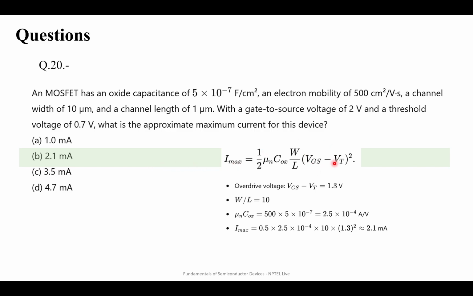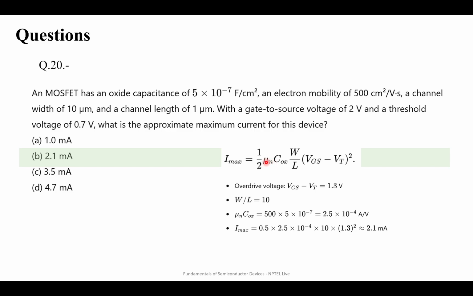So if we take this formula, it will be dI by dVG. If you differentiate this with VG, all this is constant, and you will get 2 (VGS minus VT). You cancel this 2 with this 2, so you will get mu n Cox W by L (VGS minus VT).